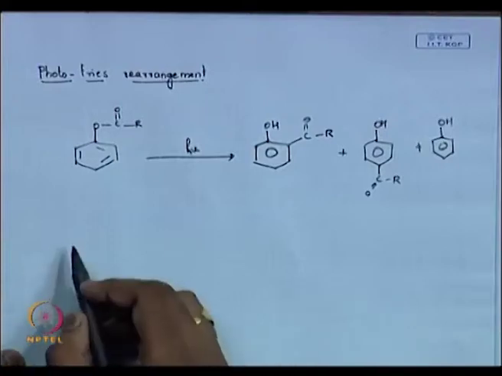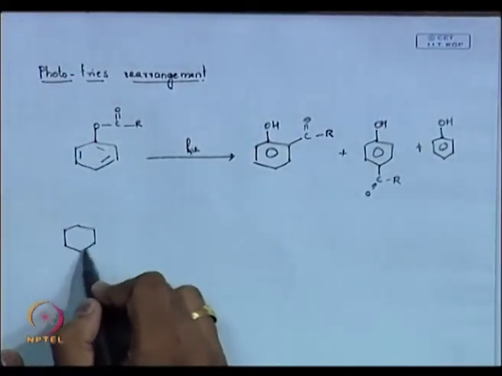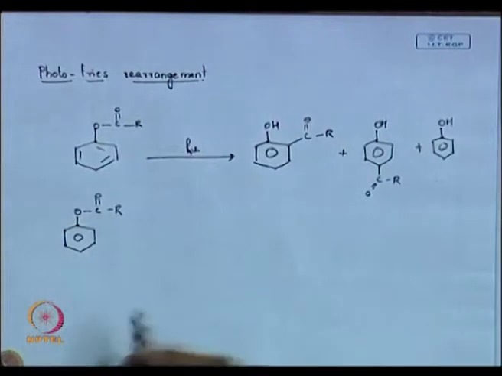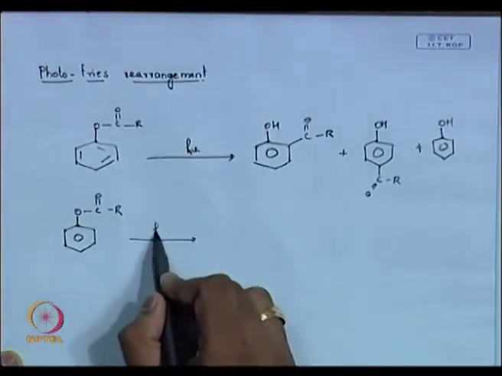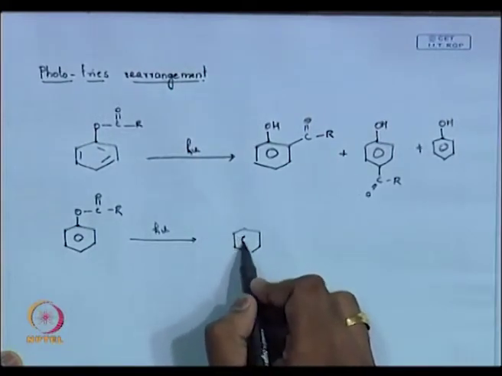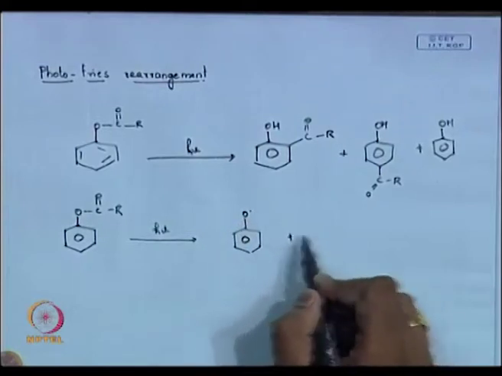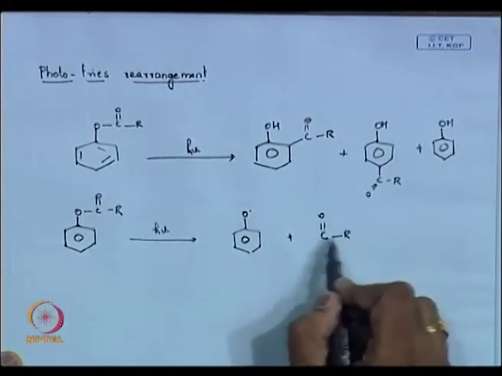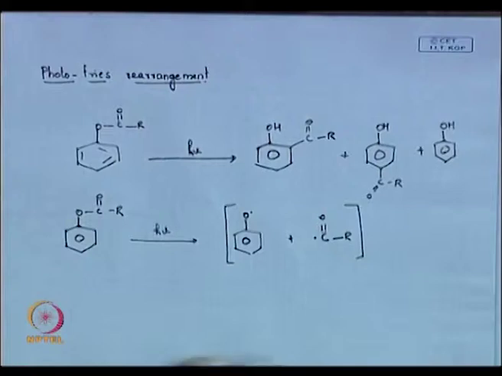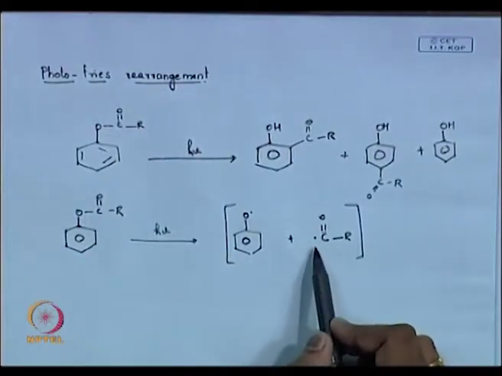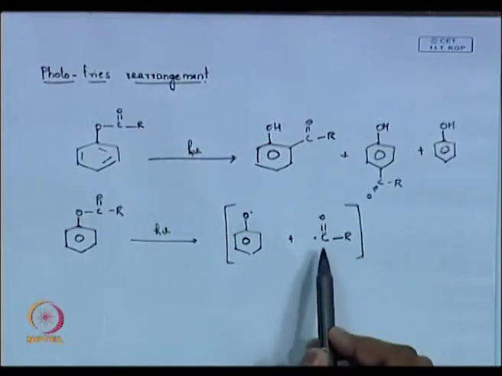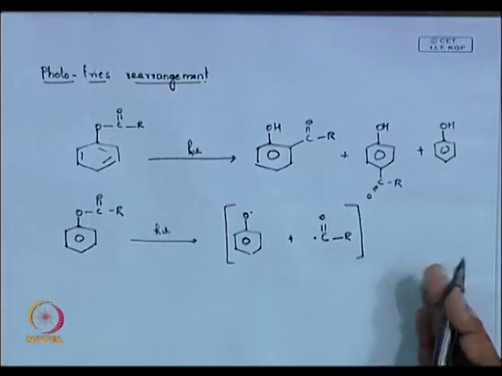Okay. So, how it works is that if you take your molecule and if you photolyze this, in the regular one you get an acyl carbocation in Fries rearrangement, but in this case you will get free radical chemistry. Now, this is in a solvent cage. That is more important.